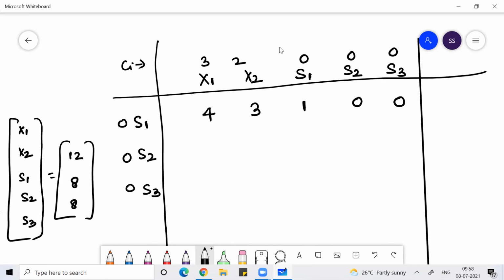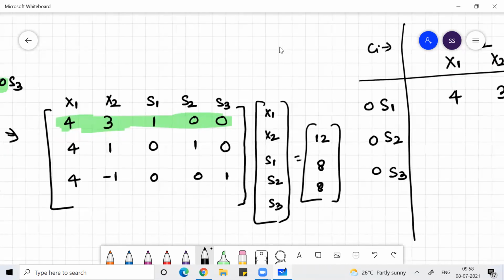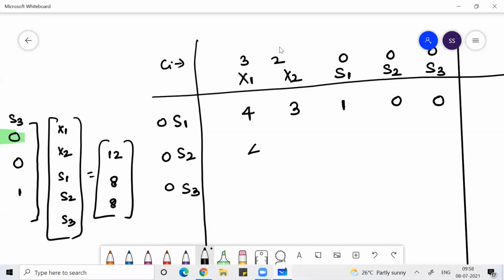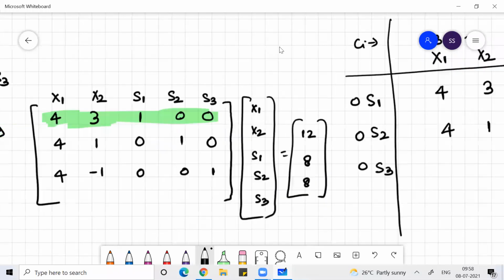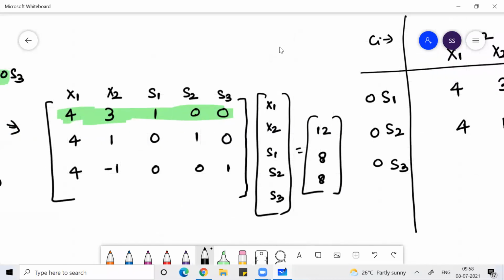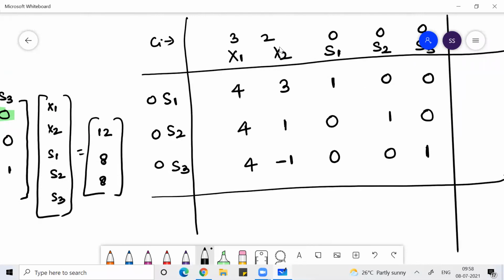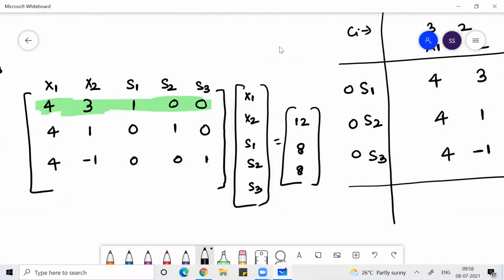Then the second equation is 4, 1, 0, 1, 0. And the third row is 4, -1, 0, 0, 1.